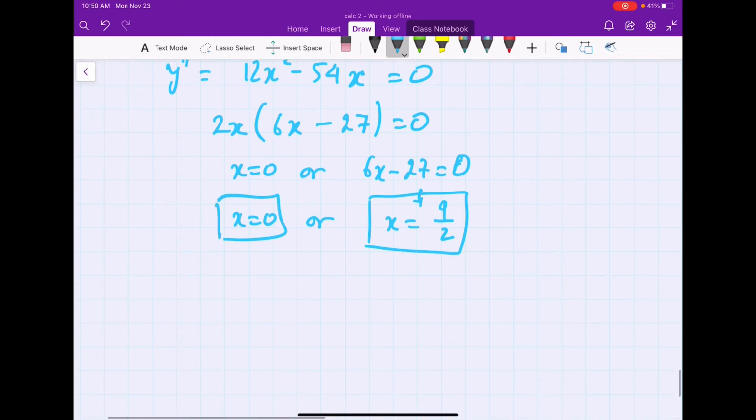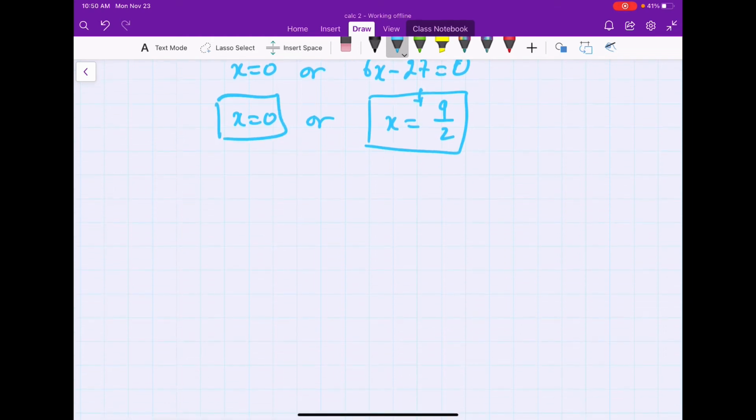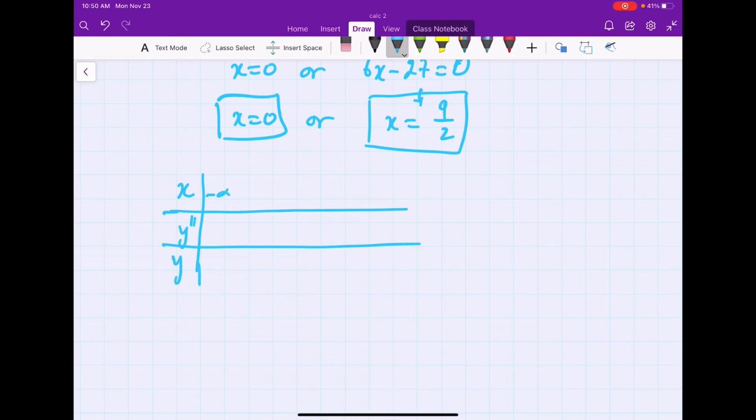The function has two inflection points. You make the chart for the second derivative. So almost similar to the case with the first, but here you have the second derivative, right? The function is defined from -infinity to +infinity, two inflection points 9/2 and 0. At 9/2 and 0, the second derivative is 0.